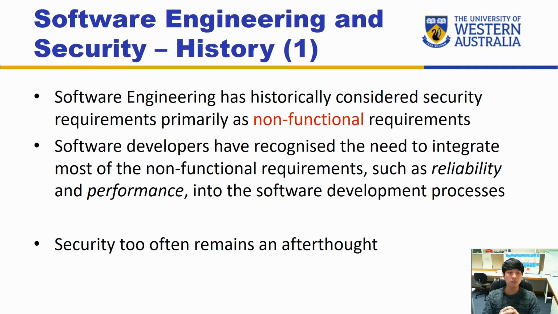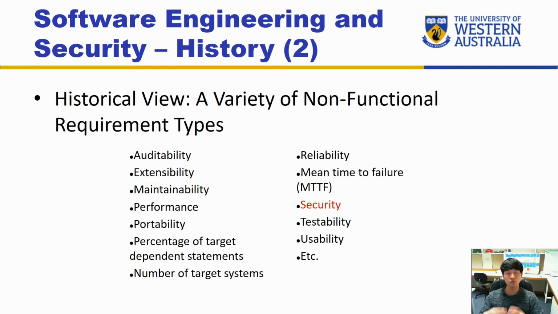Security too often remains an afterthought. That means there are a lot of things that, as a software engineer, you have to carry out, and because there's quite a lot that you need to cover, security just becomes something you'd like to do later on.